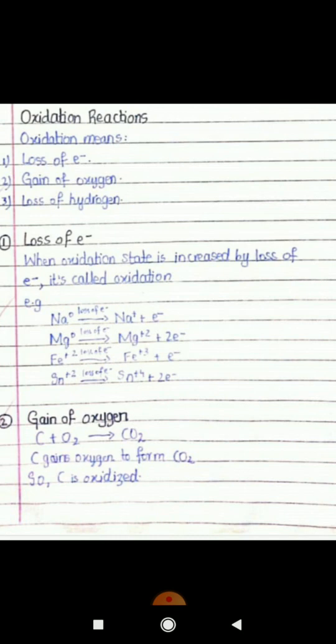So we write sodium in metallic form as 0. When sodium loses 1 electron, because it belongs to group 1A and its oxidation state is +1, it can easily lose 1 electron, and the loss of electron is written on the right hand side of the equation. The charge on the sodium is +1.